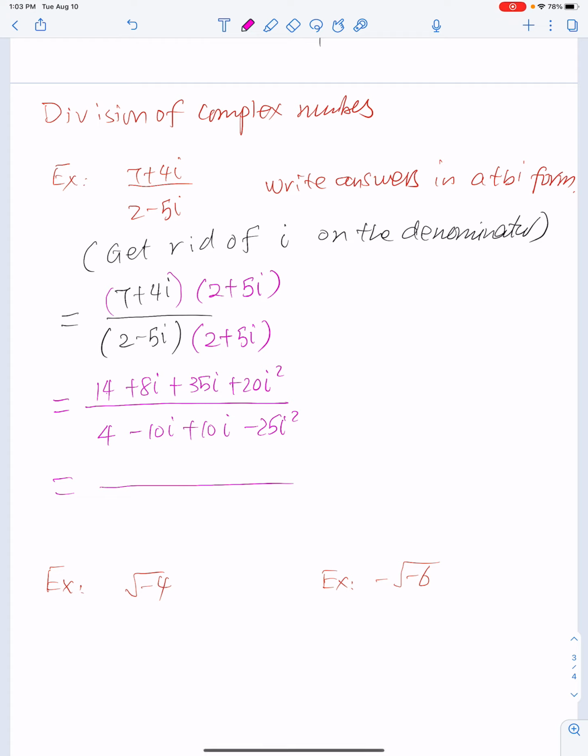So 14 minus 20 is negative 6, plus 8 plus 35 is 43i. So this cancels, plus 25 is what? 29. So in the form, it will be negative 6 over 29 plus 43 over 29 i.